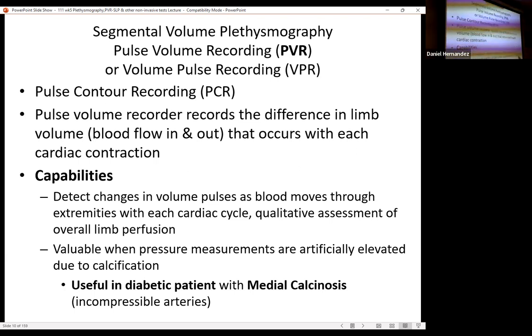So when we're pumping up the pressure, these are the patients down by the ankle, we're maxed out at 240, we can't even compress the vessel because it's become so calcified. This is a common finding in patients that are diabetic. Also patients that have long-standing kidney disease. Anyone that's been on dialysis for a long period of time, or has known chronic kidney disease or kidney failure, will oftentimes also have this medial calcinosis. So kidney disease and diabetic patients.